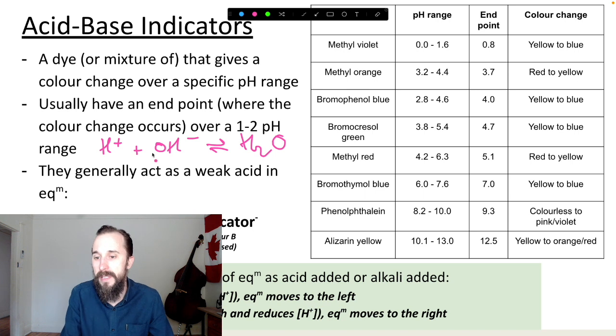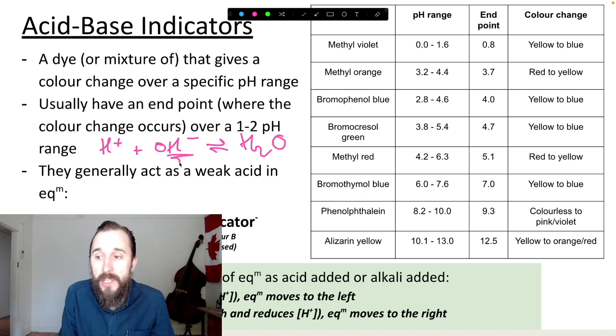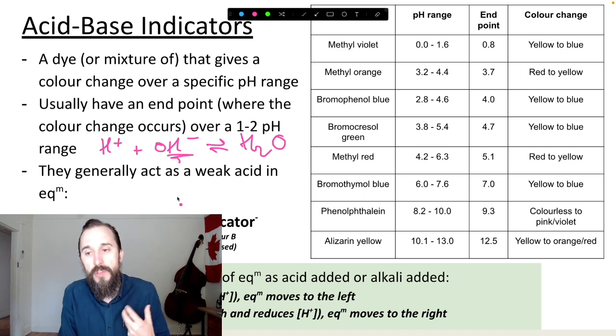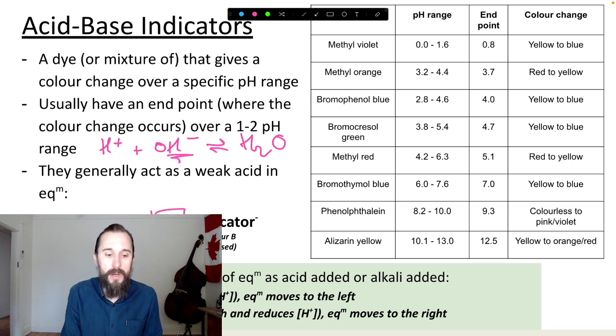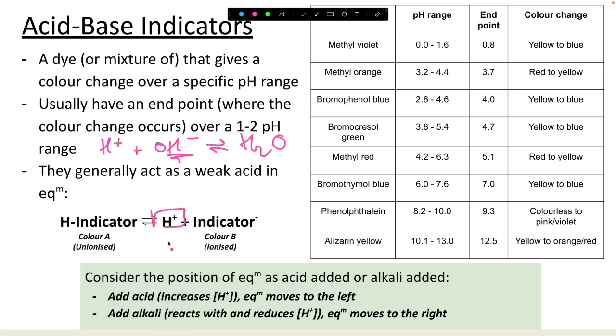But for our purposes, if we're adding OH-, we can think of that as a proton acceptor. Then what are we going to be doing? We're going to be decreasing the concentration of that hydrogen ion and pushing that equilibrium to the right-hand side. And again, we're going to see a color change accordingly as we change this pH, depending on what our species are and depending on the color changes they have.